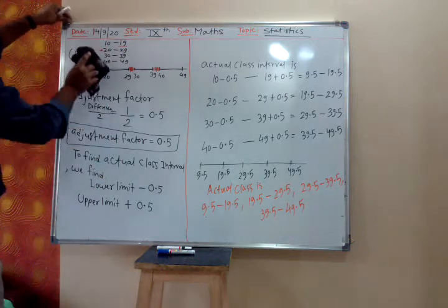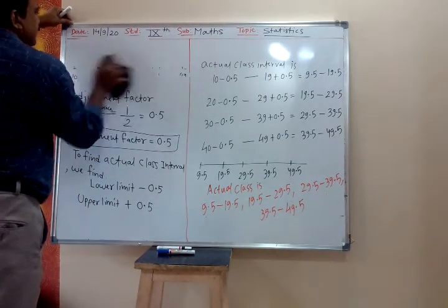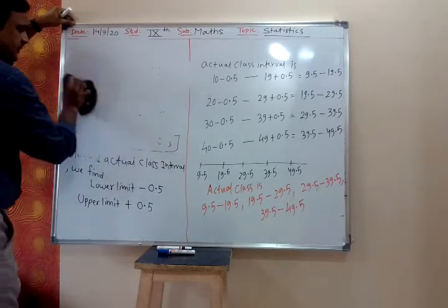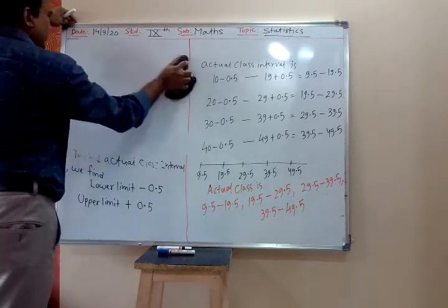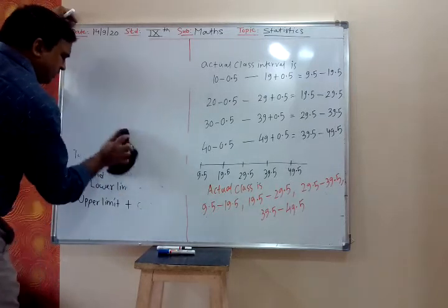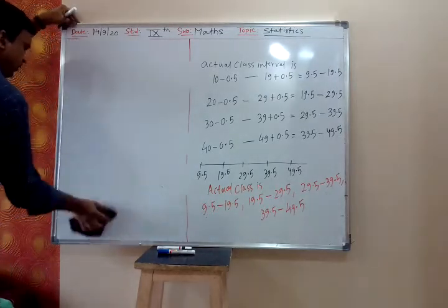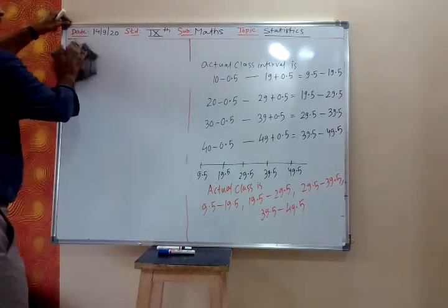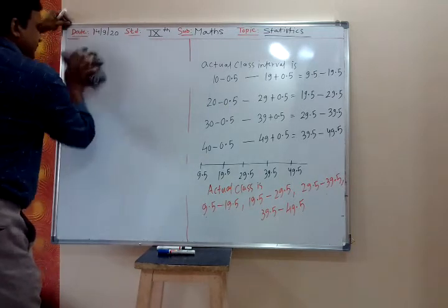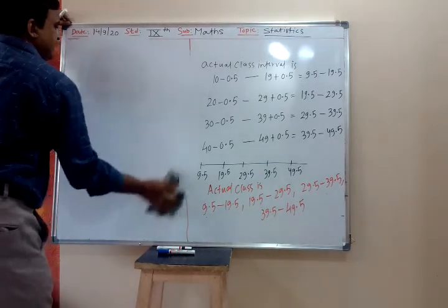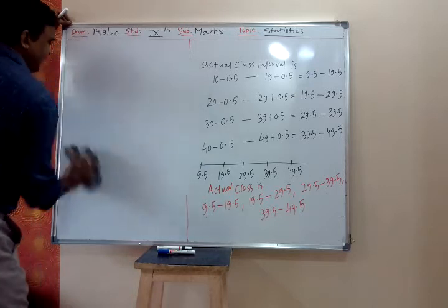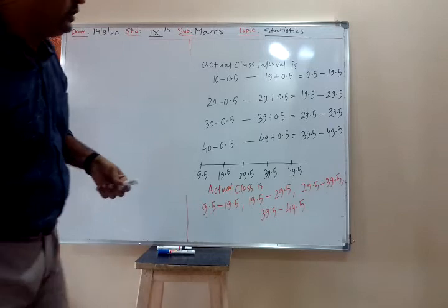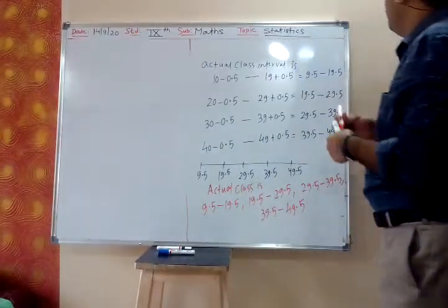Lower class means lower class limit. See, from which number the class interval starts, that is my lower class limit, and the number at which the class interval ends is my upper limit.